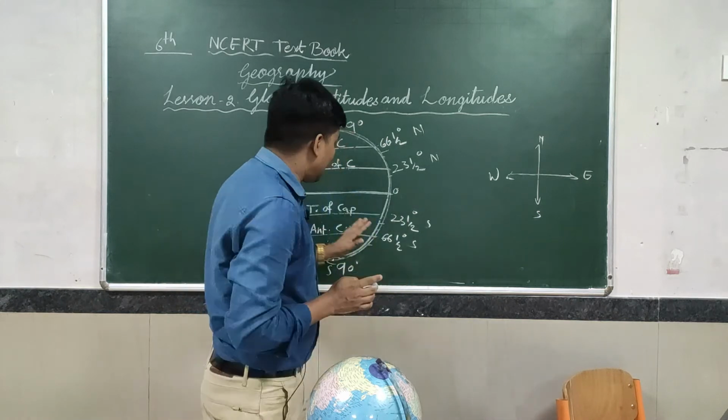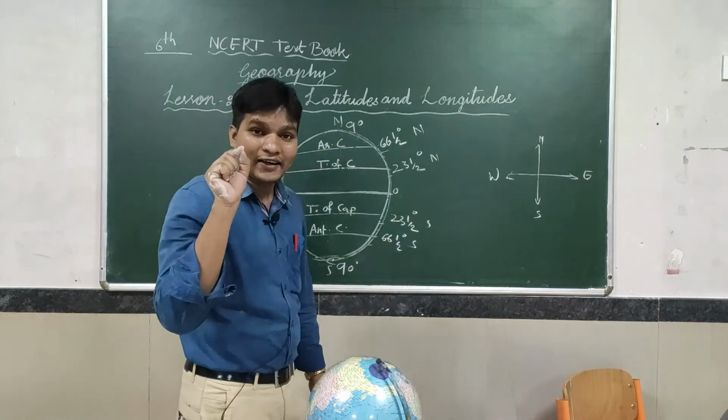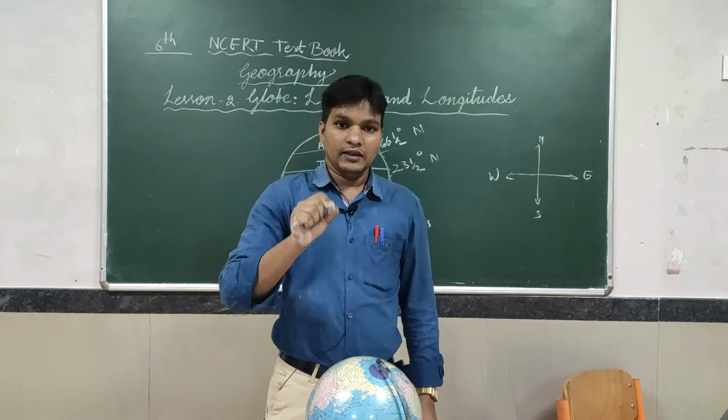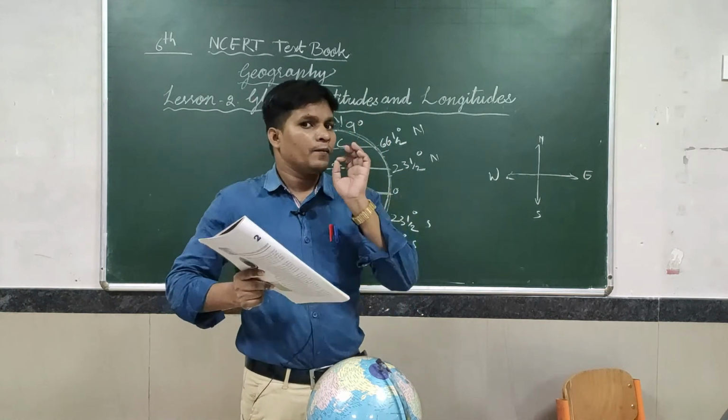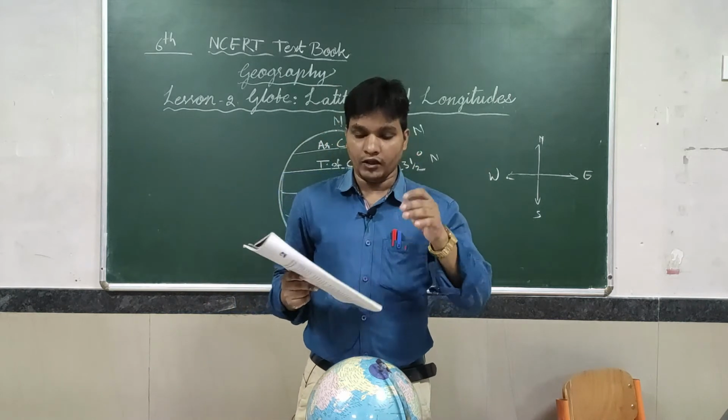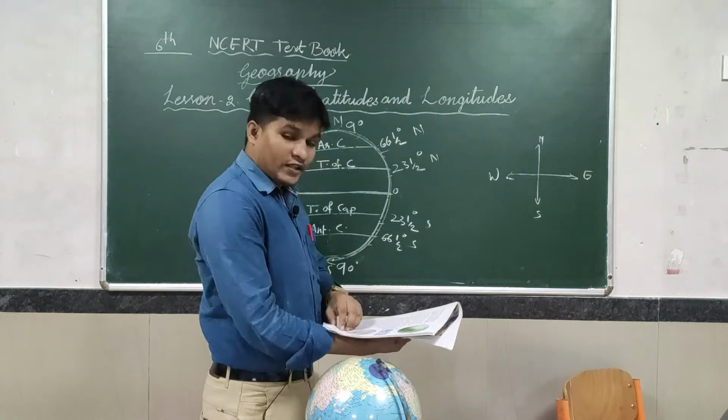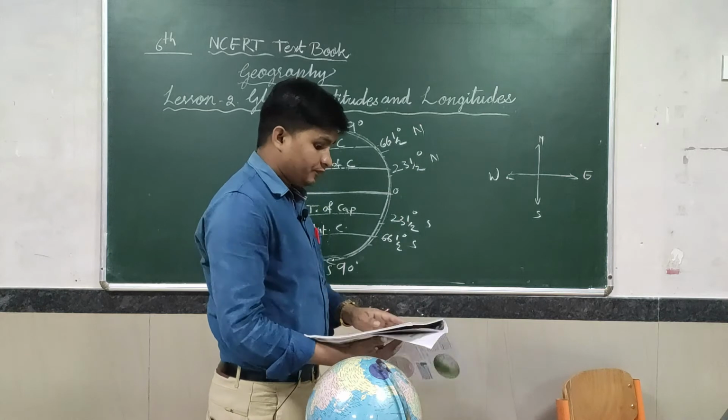So you have to keep these things in your mind and remember them. It is very useful for your future and for different competitive examinations also. Okay, so this is the equator.